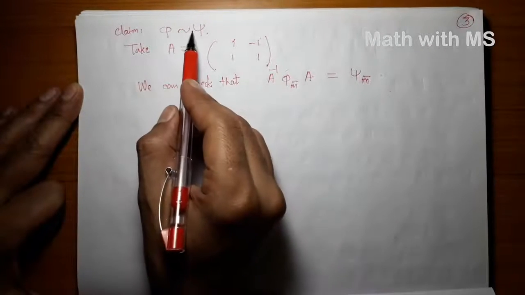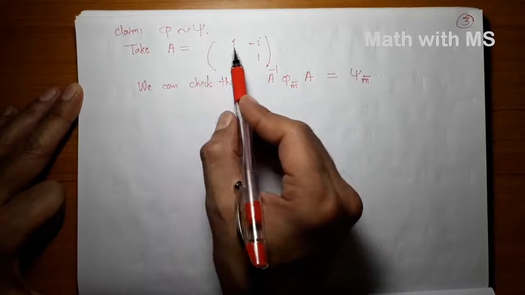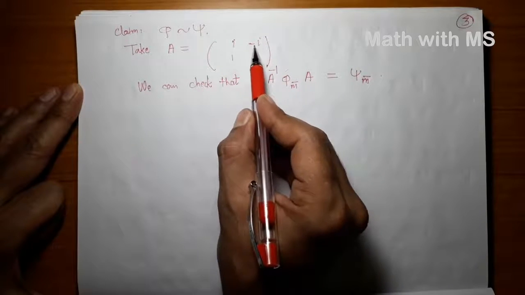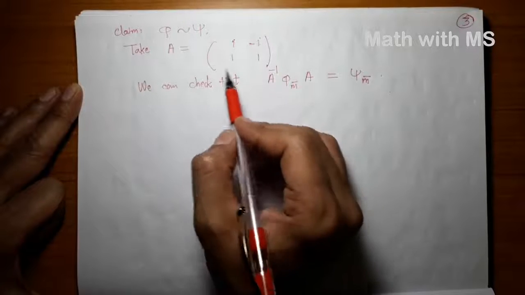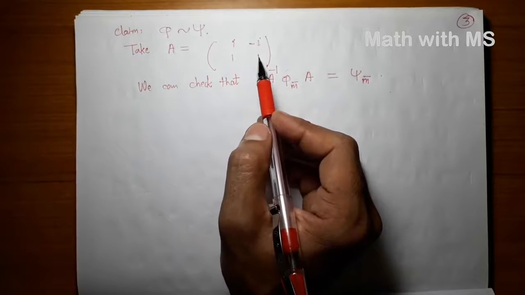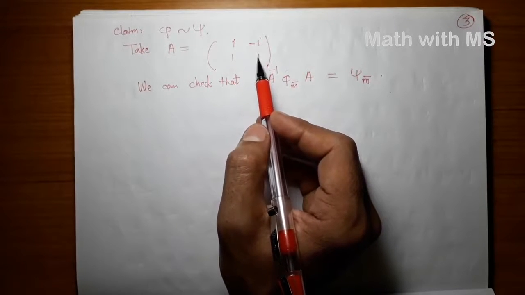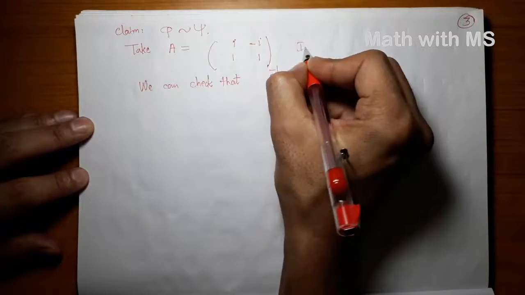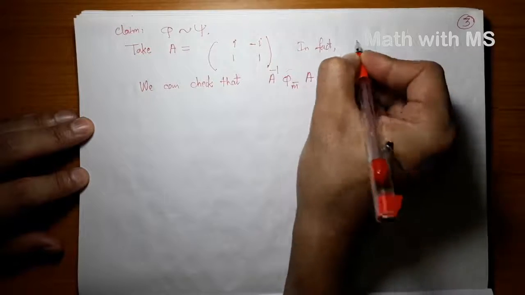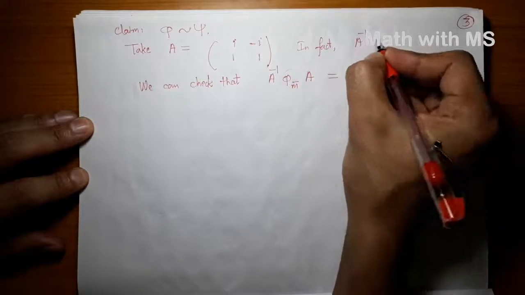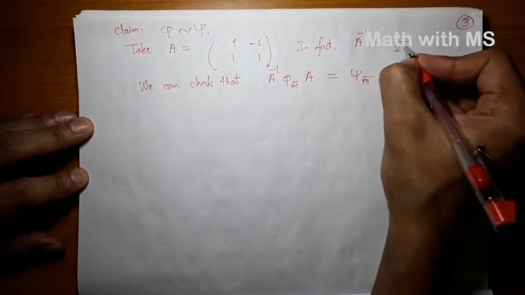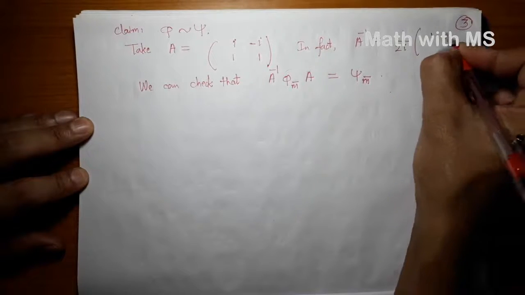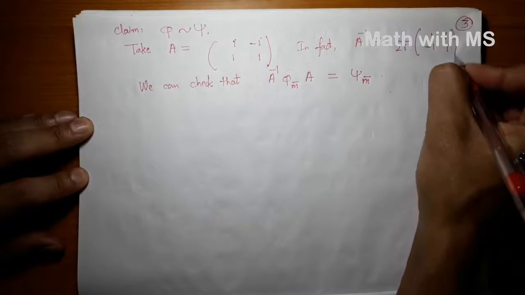Why are phi and psi equivalent? Take A to be this matrix, i, minus i, 1, 1, and you can easily check that it's an invertible matrix. In fact, you can compute and check that A inverse is 1 by 2i times the matrix 1, i, minus 1, i.